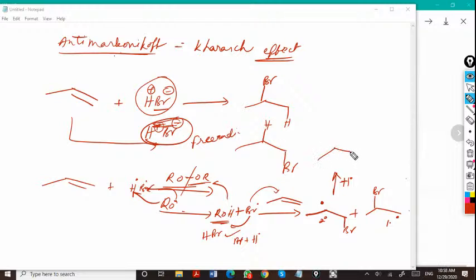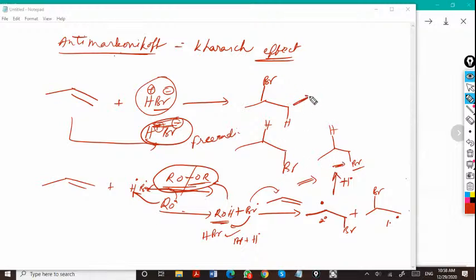This H radical is going to attack the more substituted carbon, and bromine will go to the less substituted carbon. Whenever the free radical mechanism is followed in the presence of peroxides, it is going to give the anti-Markovnikov product.